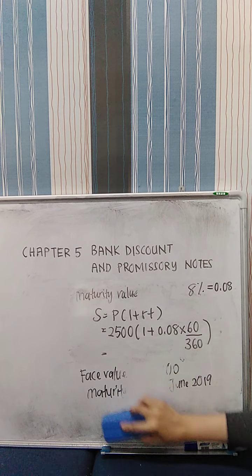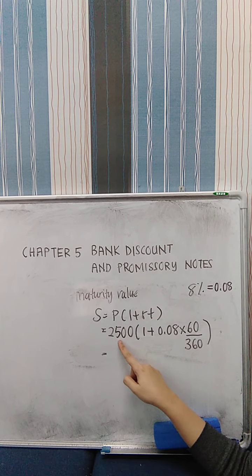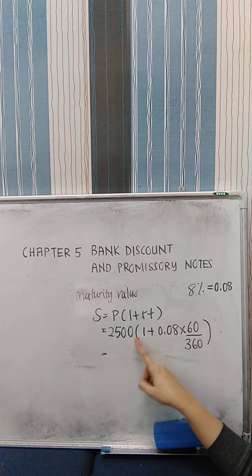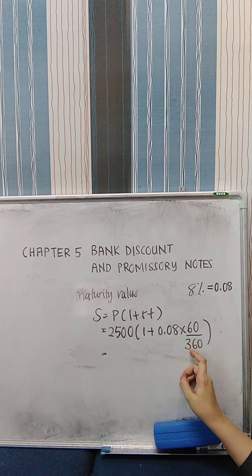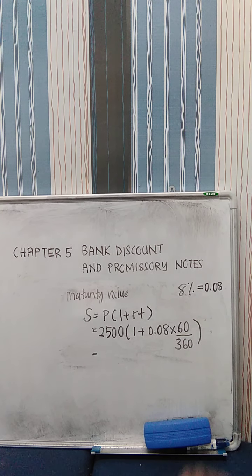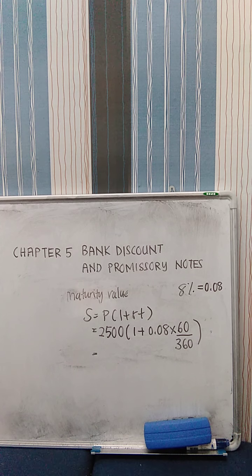So we need to calculate the maturity value: 2,500(1 + 0.08 × 60/360). You calculate the bracket first: 1 plus 0.08 times 60 over 360. The answer is 1.01333333.